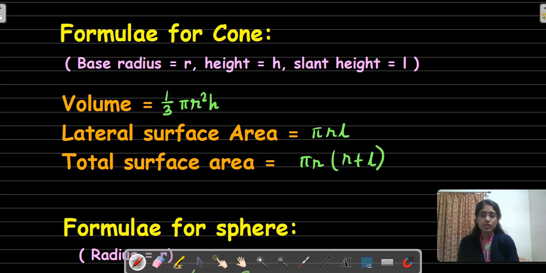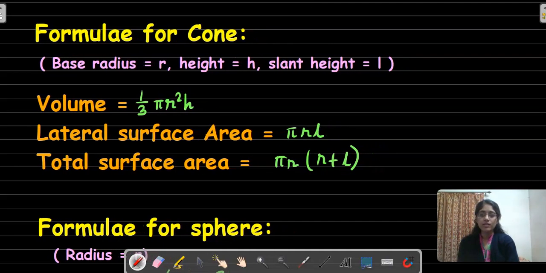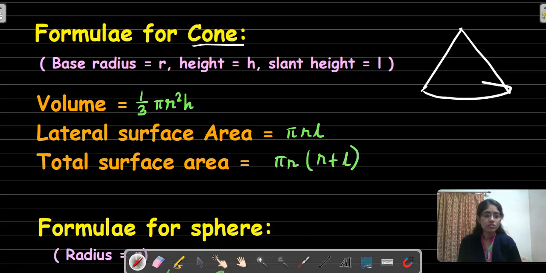Now let's see for asymmetric figure. What is the formula for the cone? Now let's draw a cone. This is a cone. So you can imagine here a cylinder also.